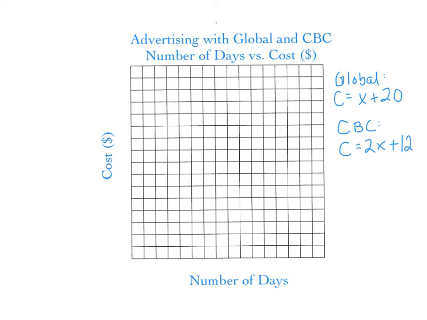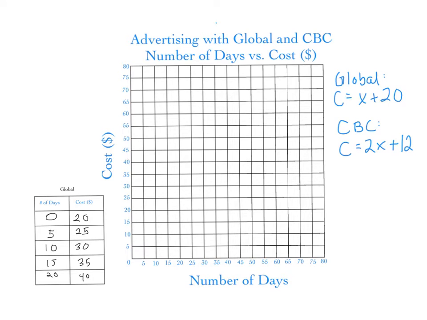I now need to put the numbers on my y and x-axis, and I'm going to use the interval of 5 to do so. So you can see I've entered in my values along the x and y axis, and I've used an interval of 5. So I can begin plotting my points now for each of my equations.